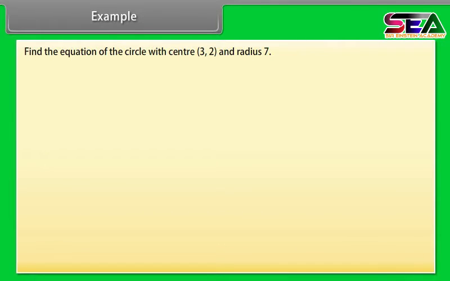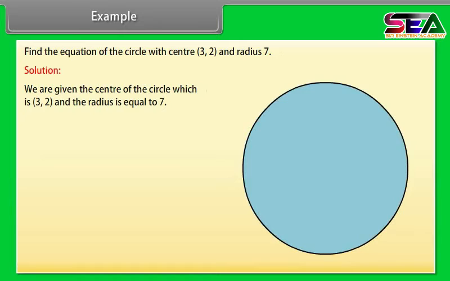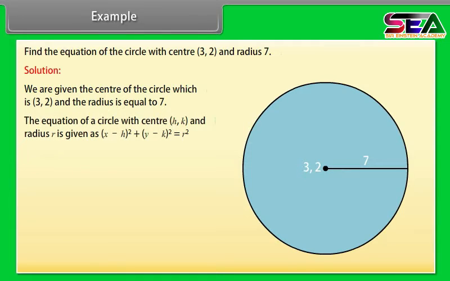Example. Find the equation of the circle with center (3, 2) and radius 7. Solution. We are given the center of the circle which is (3, 2) and the radius is equal to 7. The equation of a circle with center (h, k) and radius r is given as (x - h) whole square plus (y - k) whole square is equal to r square. h and k are equal to 3 and 2, and radius r is equal to 7.